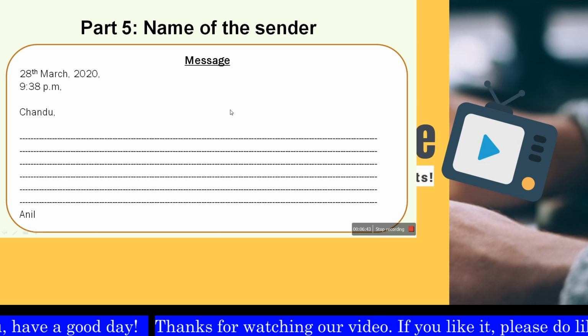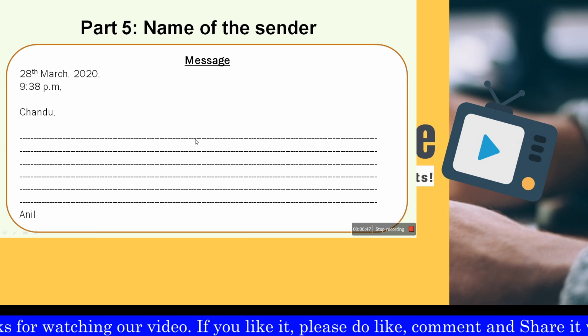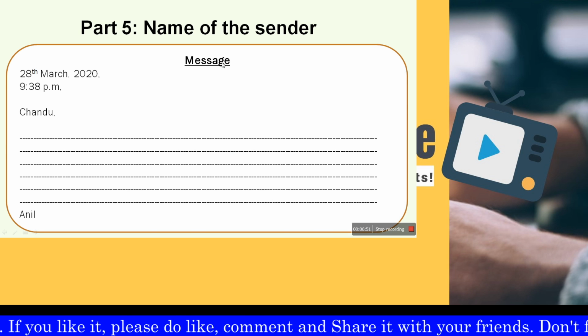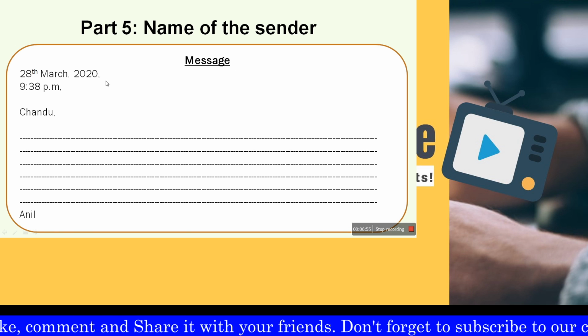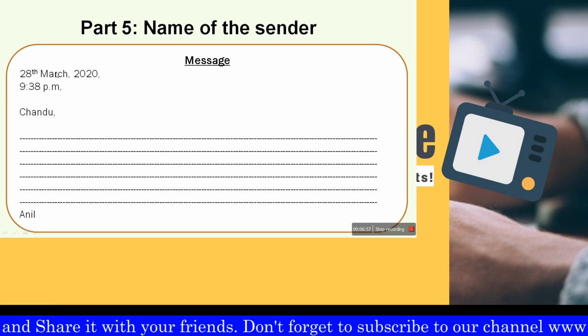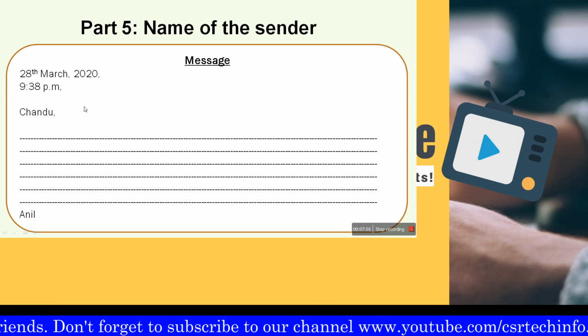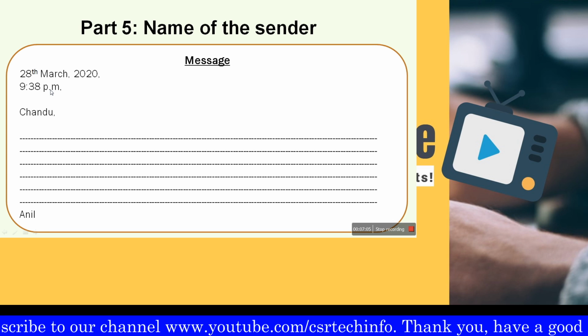And this is the sample format of message writing, a minor discourse. There are 5 parts. First part is heading, nothing but message. Second part is time and date. First you have to write time, then date. Whereas in diary entry we write date first, time next. Clear?